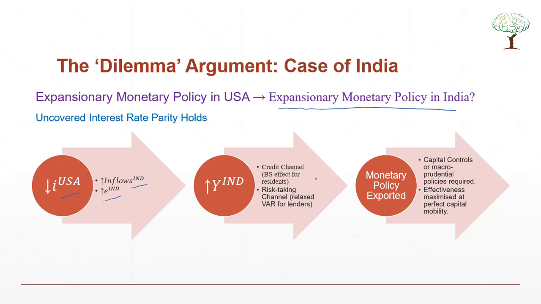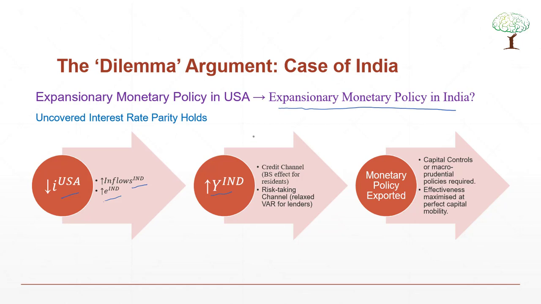So the risk-taking channel is relaxed. It enables more lending and an expansionary outlook and output in various economies, and this will also lead to increased output in India.